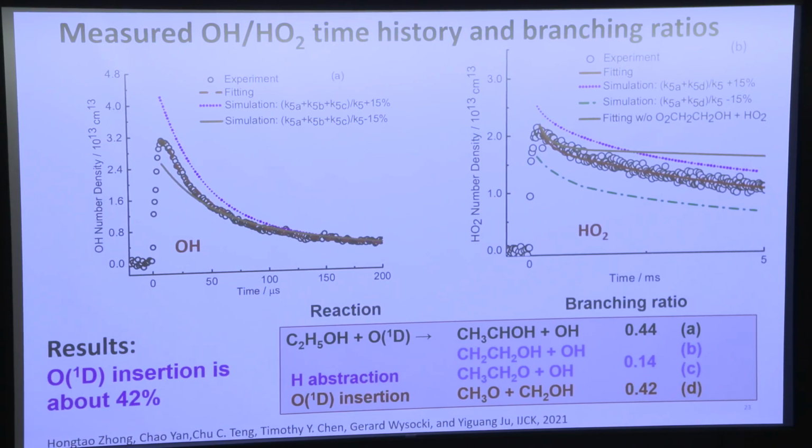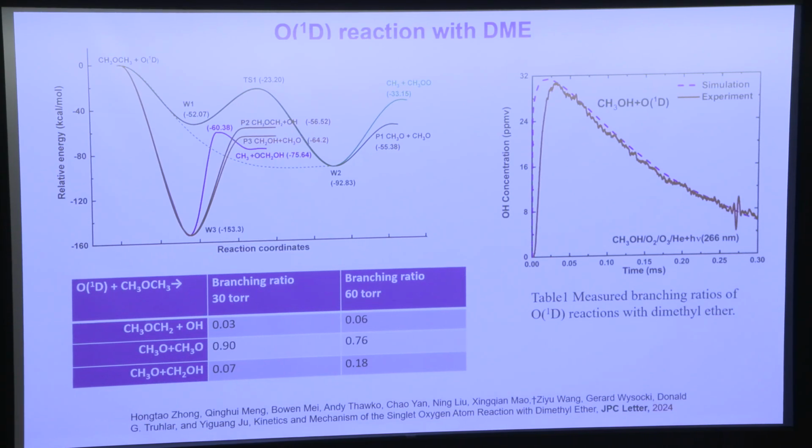We also did this in collaboration with the University of Minnesota, Dan Truhlar's group. They calculated this O1D reaction with DME. And they found that this reaction channel here to form methoxy is very important.